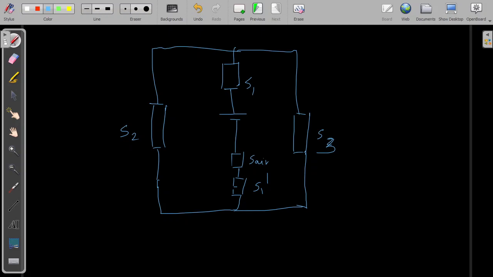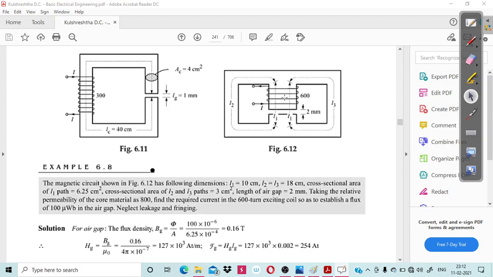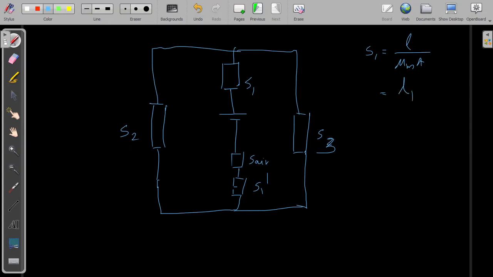First, you find out this S1, and that will be equal to L by mu m A. L will be L1, and this L1 is actually L1 minus 2 mm, is your L here.